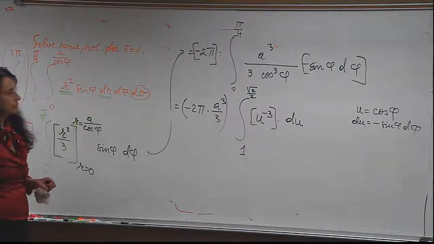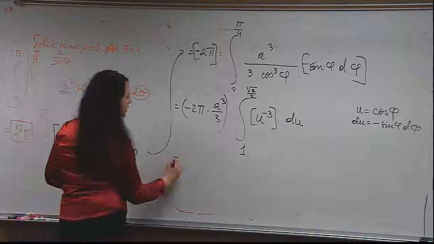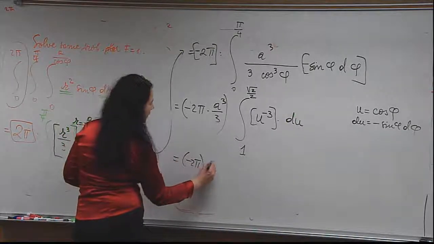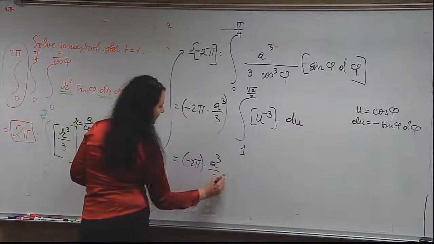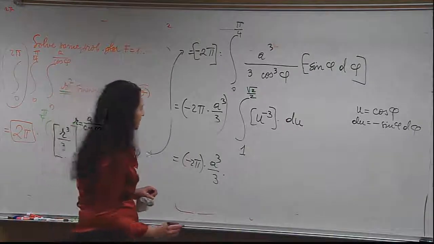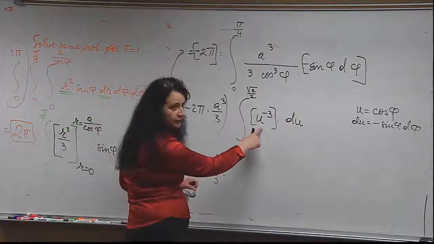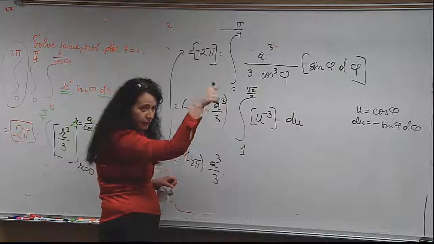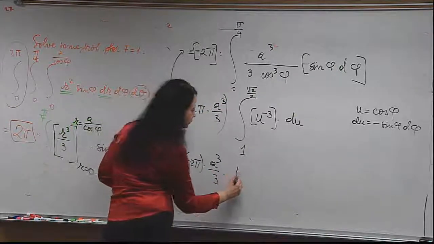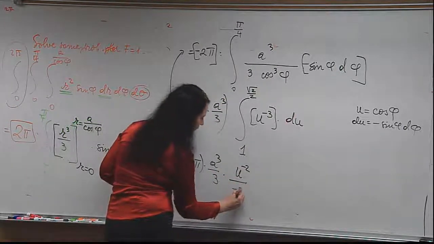And from now on, we should do this. So I have minus 2 pi a cubed over 3 times, I integrate. So I add the power, I add the 1, and I add the 1. So you have u to the minus 2 over minus 2. Are you guys with me?